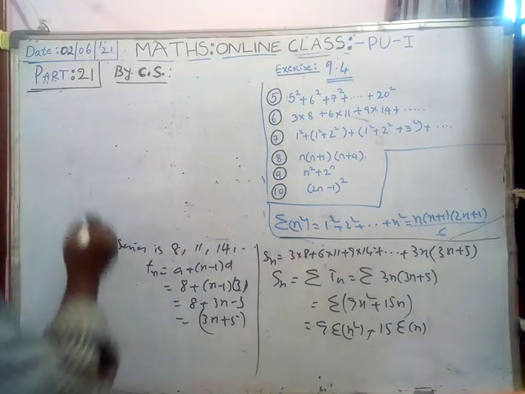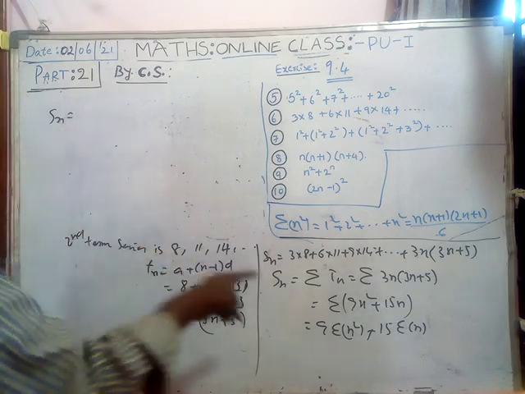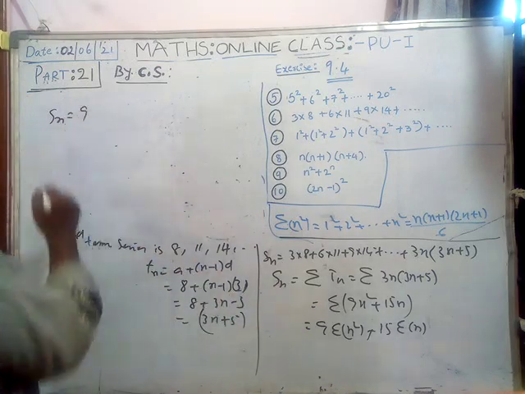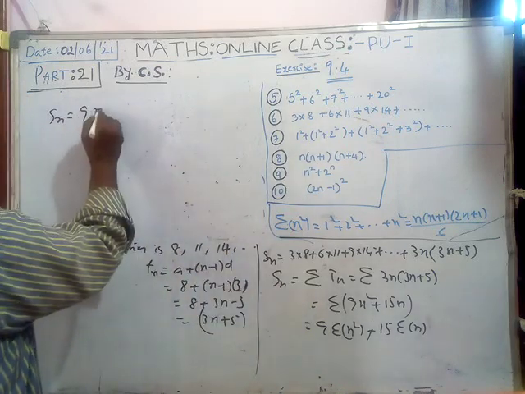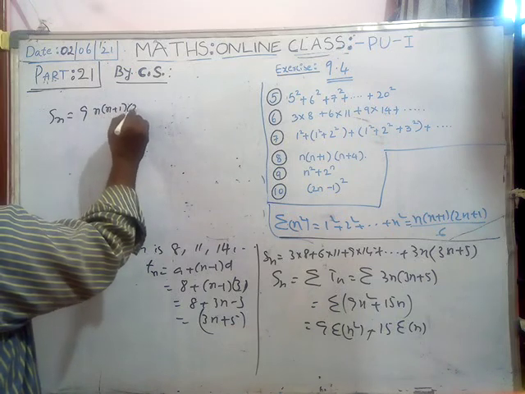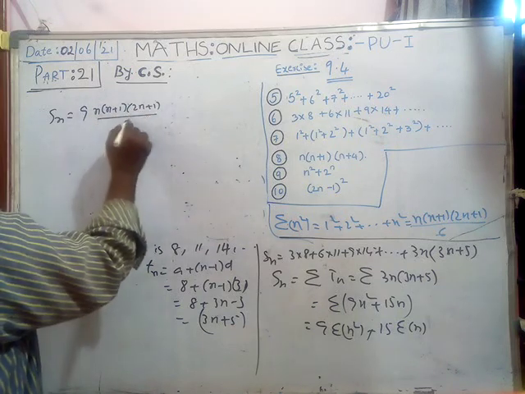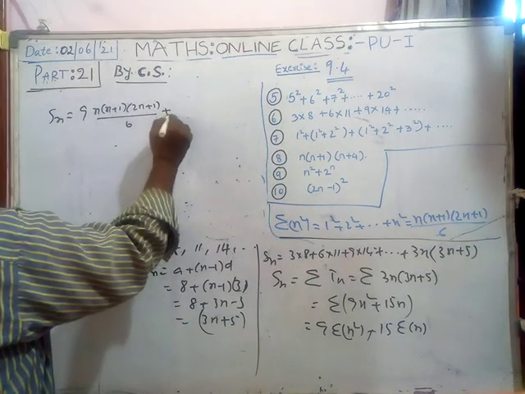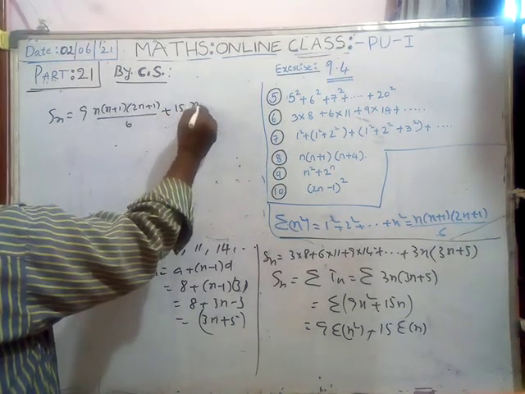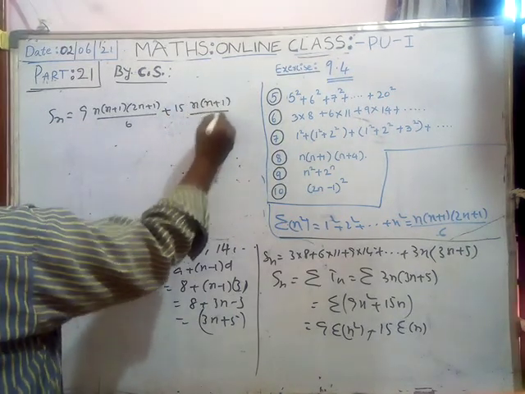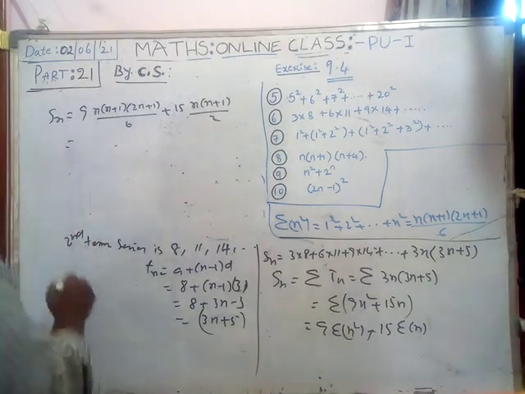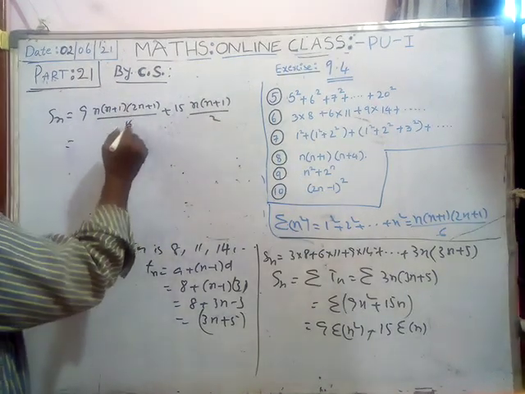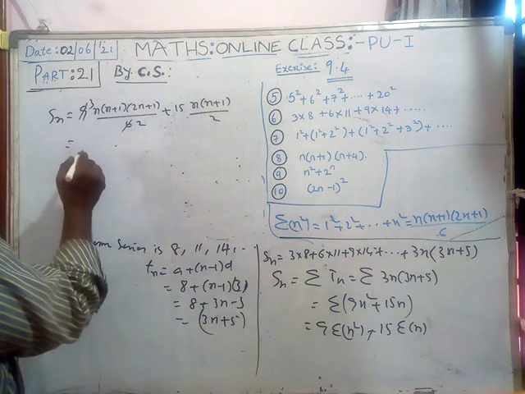Now you see that Sn is equal to 9 into sigma n square, n of n plus 1 of 2n plus 1 by 6, plus 15 sigma n, which is n of n plus 1 by 2. Okay? This is 3 2s, 3 3s.